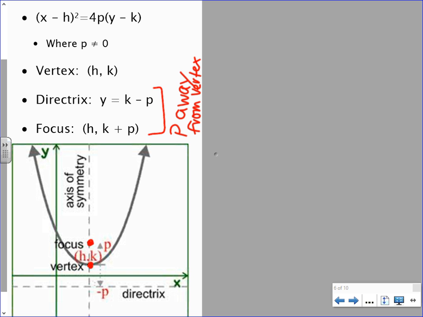And then we'll count p outside of our parabola and graph a line and then identify it. So really I want you to use the graph to identify things and then write them down. Okay, if this is the standard form for a parabola that opens vertically, what do you think is going to be different for a horizontal?